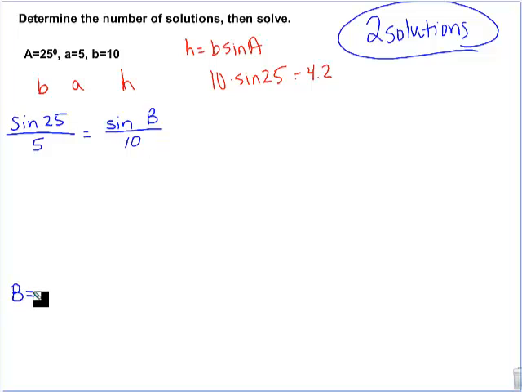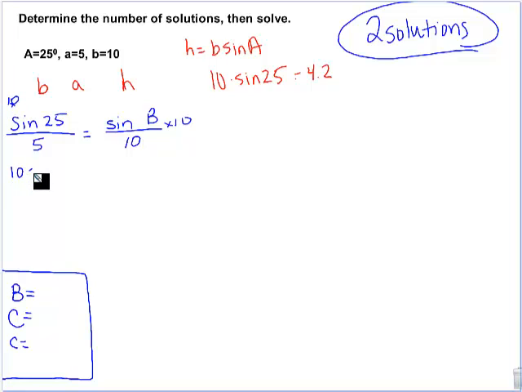And then what's the other information that we need from this triangle? Yep, our angle C and our side C. So we should have those pieces of information. Okay, so how can we solve this for sine of B? All right, so we're going to multiply by 10.